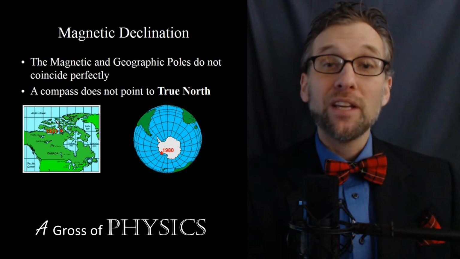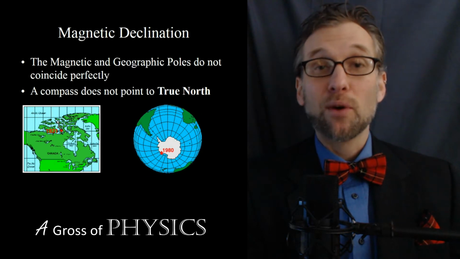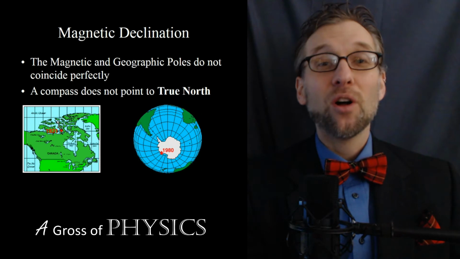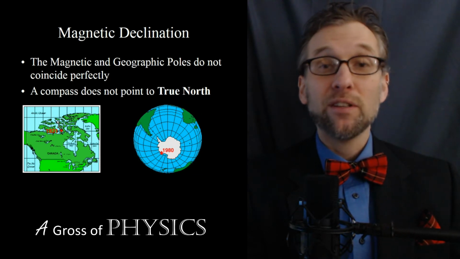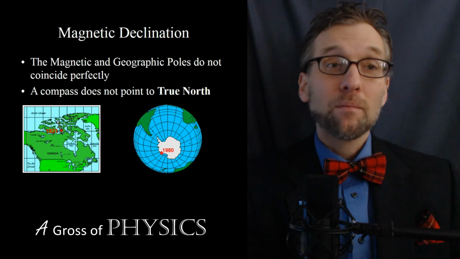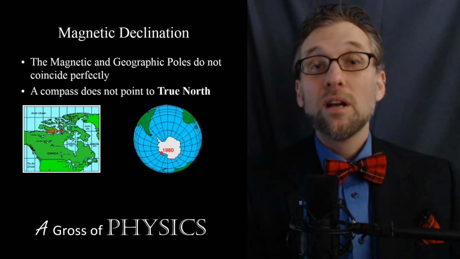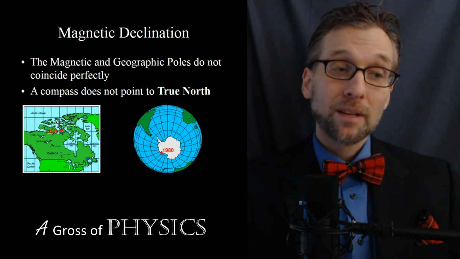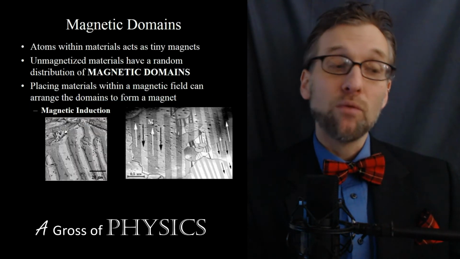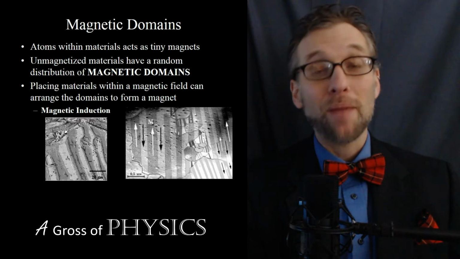Now, the Earth's magnetic field has a strength of approximately 5 times 10 to the negative 5 Tesla. And although the Earth's magnetic field is fairly weak, it can still orient a compass to help navigate. Now, the way magnets work is that inside of a magnet, you have what we know as magnetic domains.